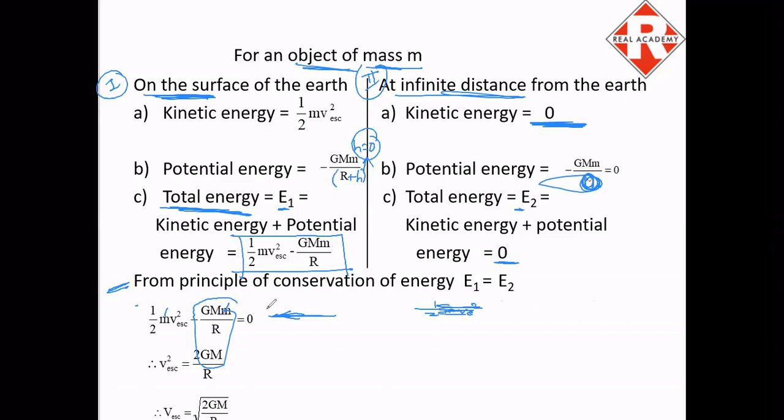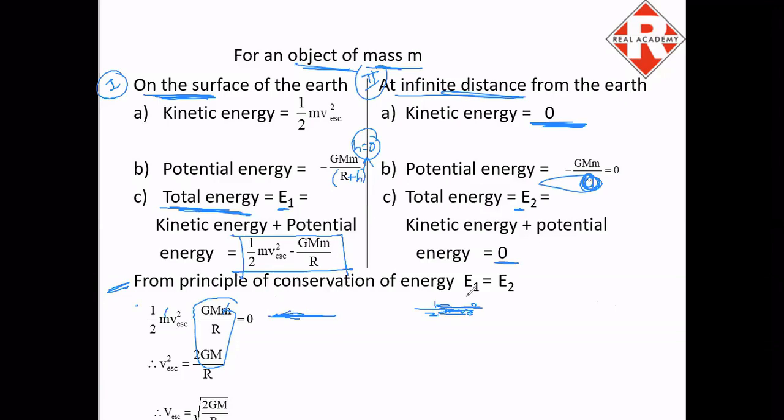So you'll be left with v square is equal to, this 2 on the left hand side will go to the right hand side in the numerator. So 2GM upon r, if you take the square root, you will get square root of 2GM upon r. Okay. So this is clear till here, that escape velocity is equal to square root of 2 into G into M upon r.